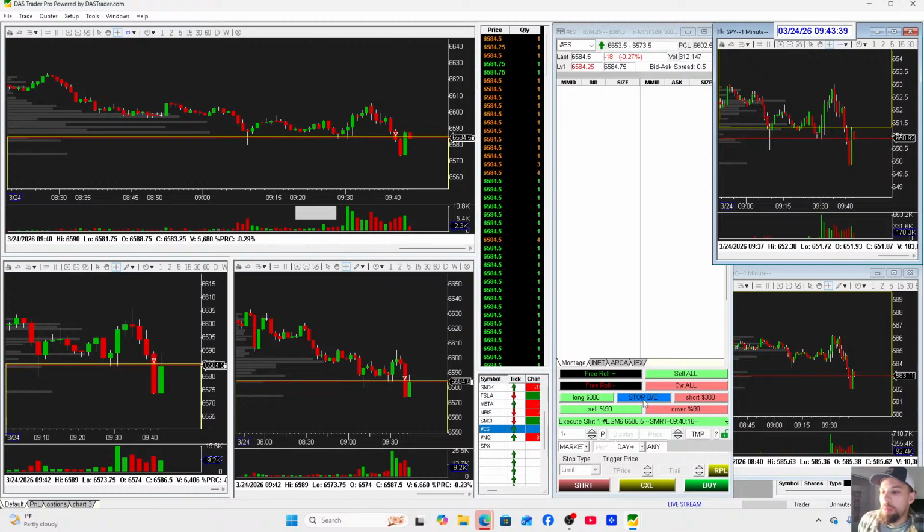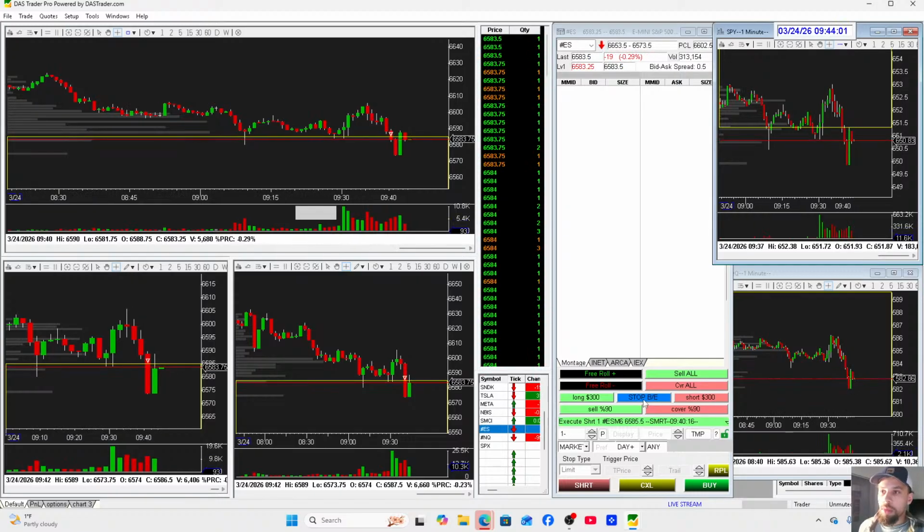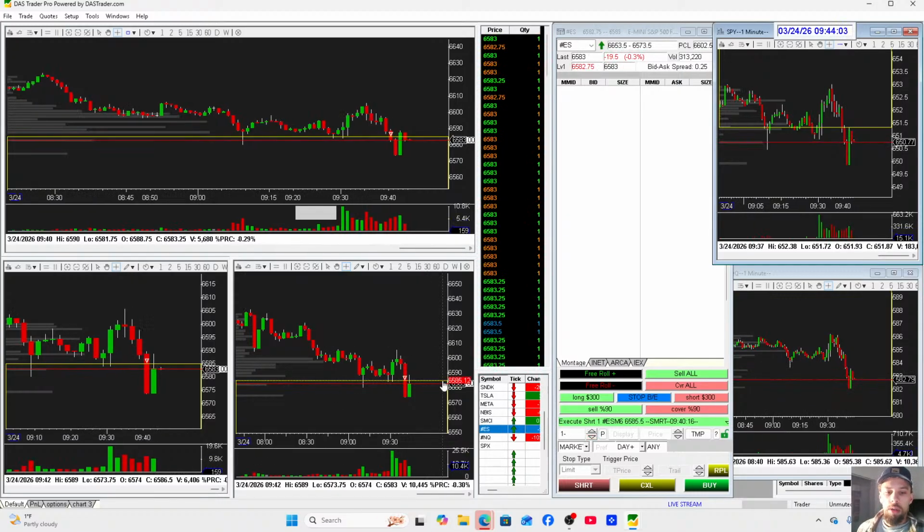Below the range on the SPY and the Qs. I'd like to see ES here. See if it's going to follow suit with SPY and Qs. And the 15-minute candle's going to close soon here.